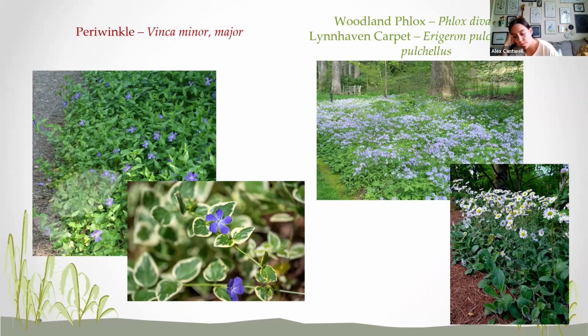It forms a nice dense carpet. It's evergreen. This is a great example of what I call a green mulch, where it grows so densely that it's going to prevent other weeds from establishing. And it produces these tall stalks of daisy-like flowers that have a lot of pollinator activity. So I really love this one for drier, tougher settings. And again, it acts as a nice green mulch in the winter months.